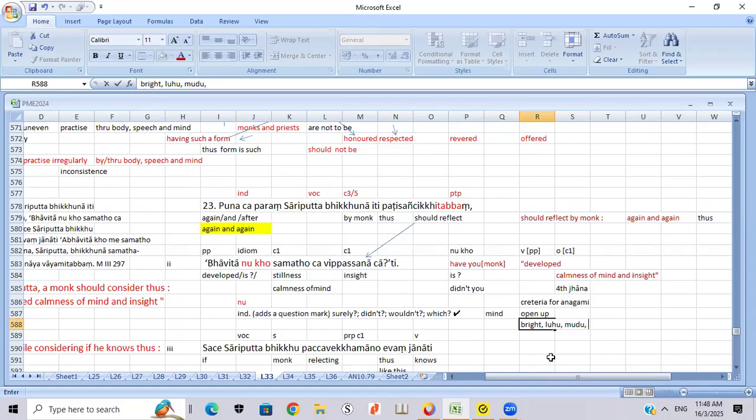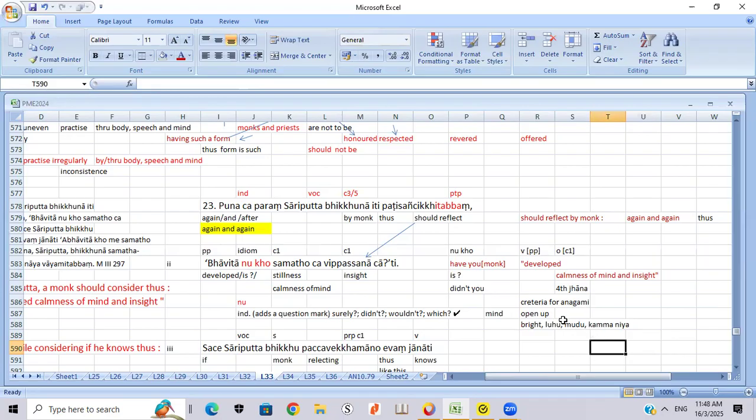Okay, and then kamaniya, workable. The mind at this stage is workable, because of luhu, mudu, kamaniya. Without this you cannot do any psychic power. So in this case, we are not going to do a psychic power.